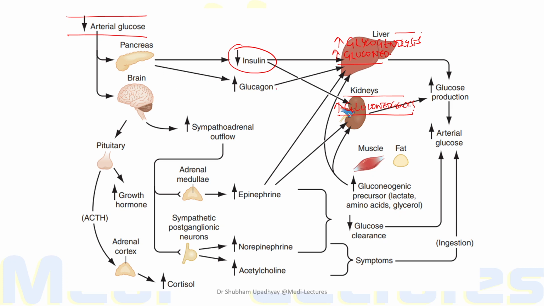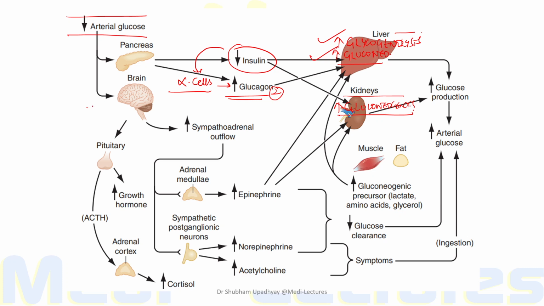Second defense is increase in glucagon. Now it is important to note that increase of glucagon from alpha cells occurs only when the insulin levels are falling. So this decrease in insulin level is sensed by alpha cells, which then lead to increased glucagon secretion. Now this glucagon will act only on liver and will lead to increased glycogenolysis and increased gluconeogenesis.